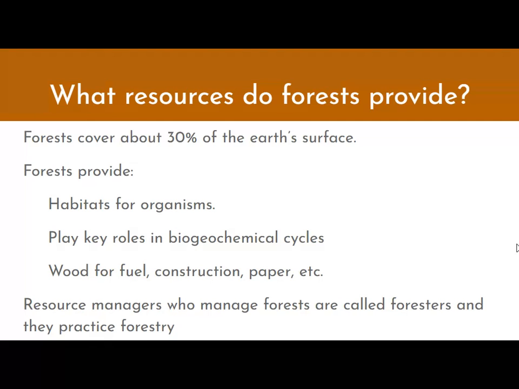Resource managers who manage forests are called foresters, and they practice forestry. So forestry is the kind of field of work involving forest management. And that can be everything from how to properly harvest things to how to help forests recover, all that fun stuff.